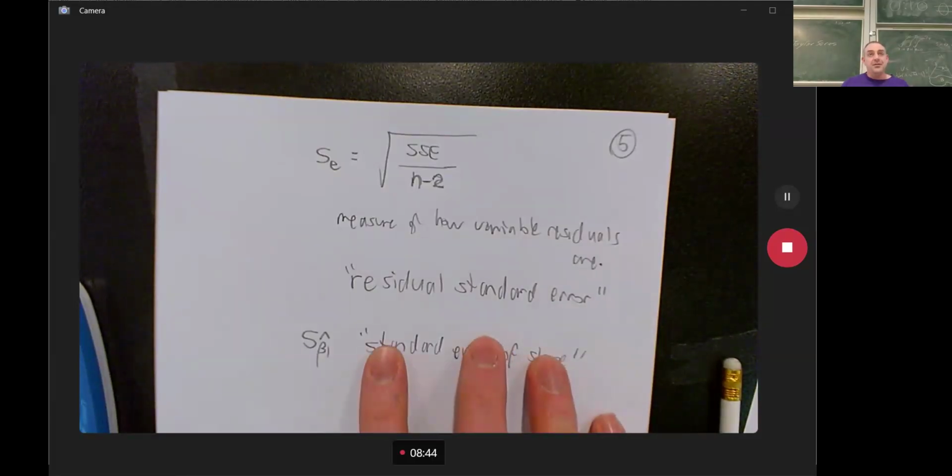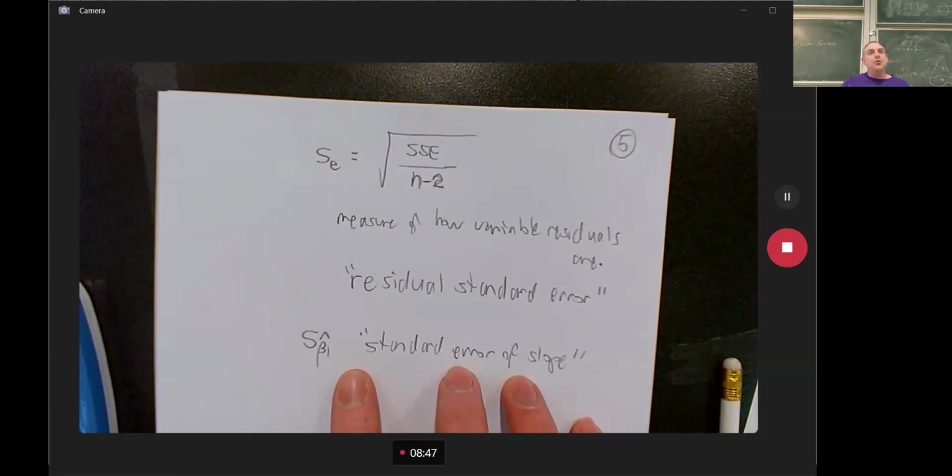And what this is saying, if we imagine all of the data that we could have collected. So we're imagining we collected like 100 bits of data. What if we collected 100 other bits of data? Every time we collect 100 bits of data, the beta 1 would have worked out to be a slightly different number. And this is trying to be an estimate for how variable those possible beta 1s we could have had are.